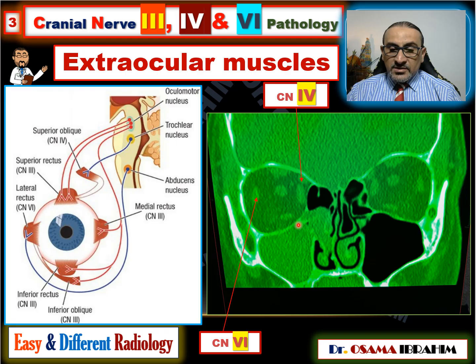The remaining extraocular muscles, superior rectus, inferior rectus, medial rectus, and inferior oblique, are supplied by the oculomotor nerve, plus the levator palpebrae superioris. So remember these two muscles: superior oblique, supplied by 4, lateral rectus, supplied by 6, and the remaining are supplied by the oculomotor nerve.